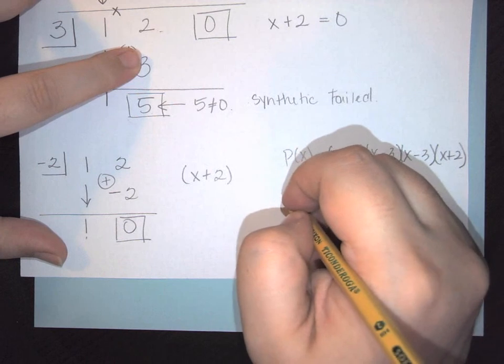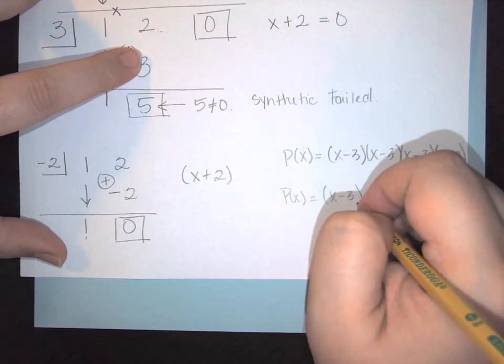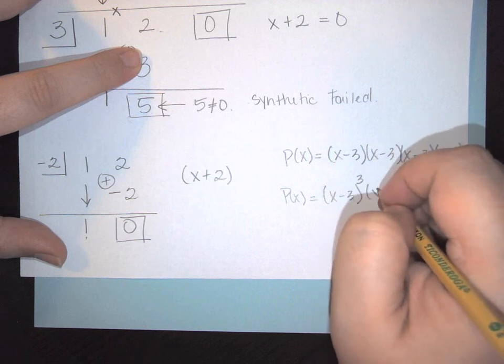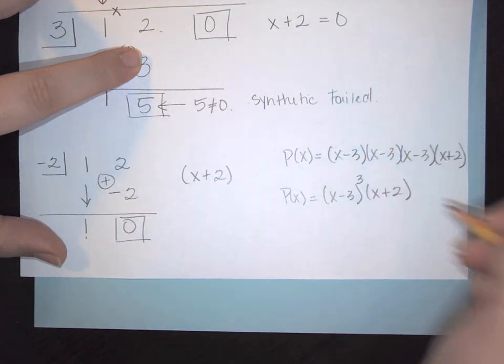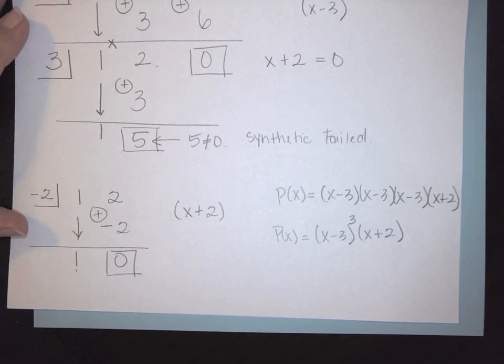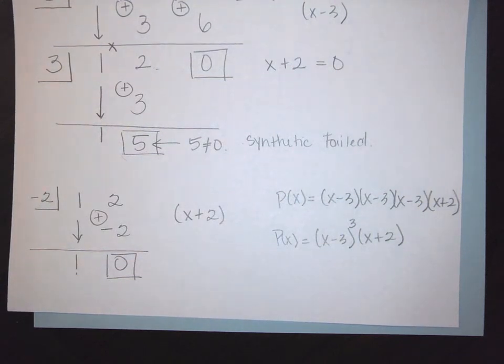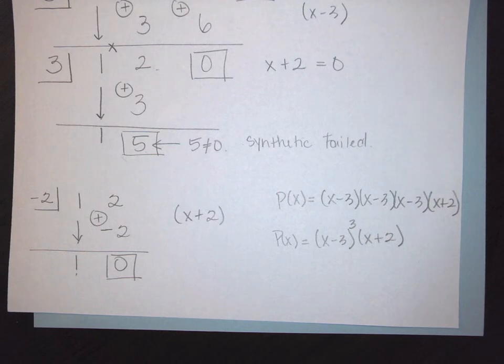Again, if you wrote it with multiplicities, you would say that you had x minus 3 cubed and then an x plus 2. So there you have it. You have an example where when we got to the quadratic, we solved a quadratic to find the other two factors, and an example where we used synthetic division the whole way.